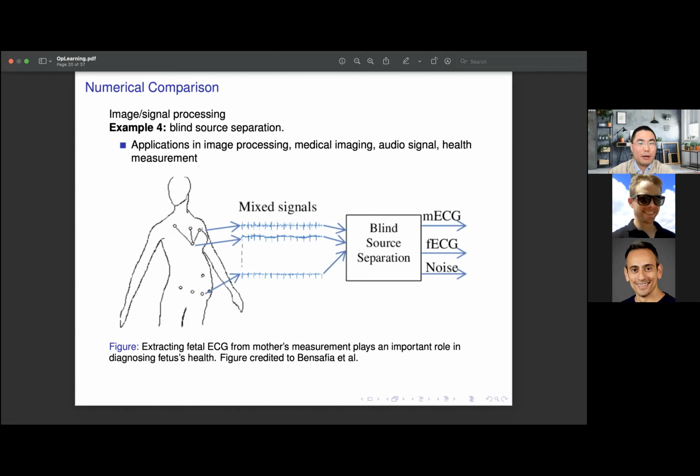For example, the information of the fetus, and also the information of the mother herself, and possibly some noise. So our goal in this problem is to decompose a given signal into 3 components corresponding to the mother ECG, the fetus ECG, and some possible noise.